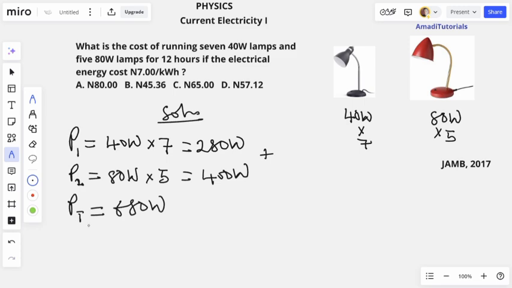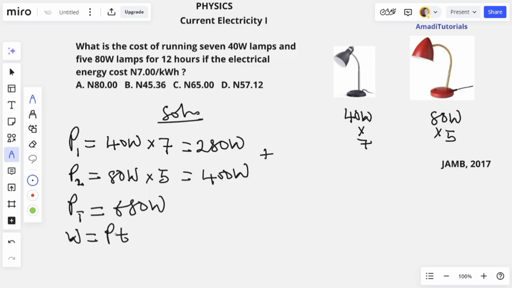So that's the total. Electrical energy is defined as the product of power times time. We have to calculate the energy all these lamps will draw in 12 hours.